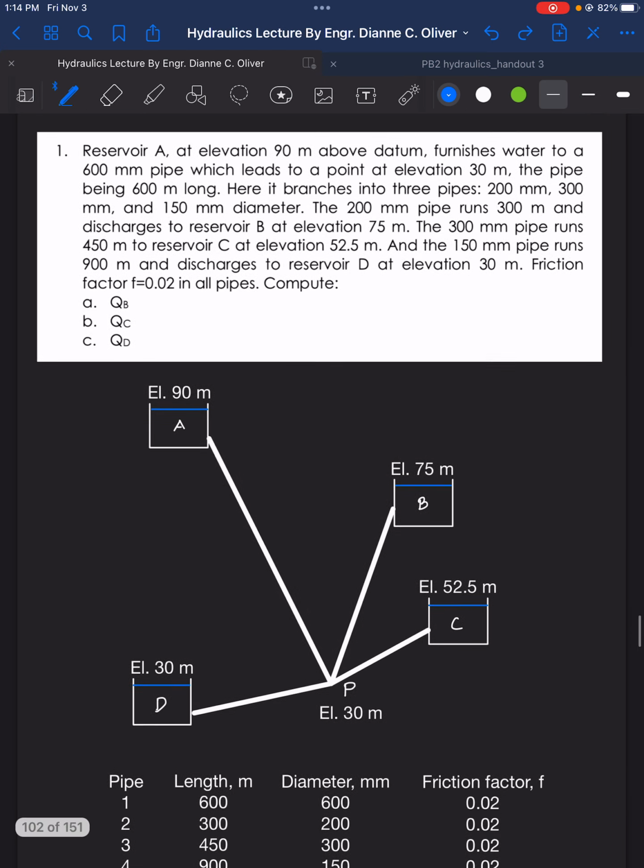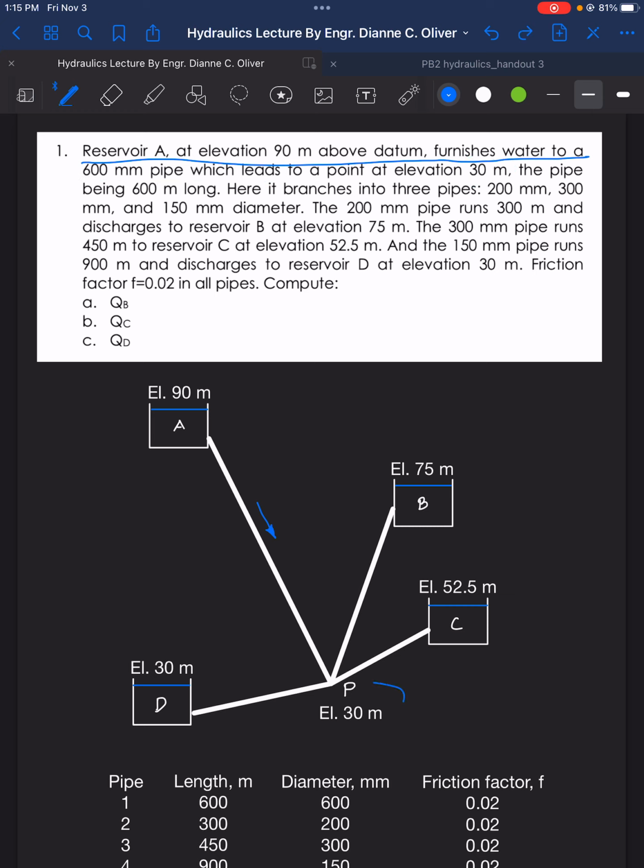Obviously the water from elevation A, being the highest, will flow from the reservoir A up to the junction. Let's name this junction P. It says here reservoir A at elevation 90 meters above datum furnishes water to a 600 mm pipe which leads to a point at elevation 30 meters.